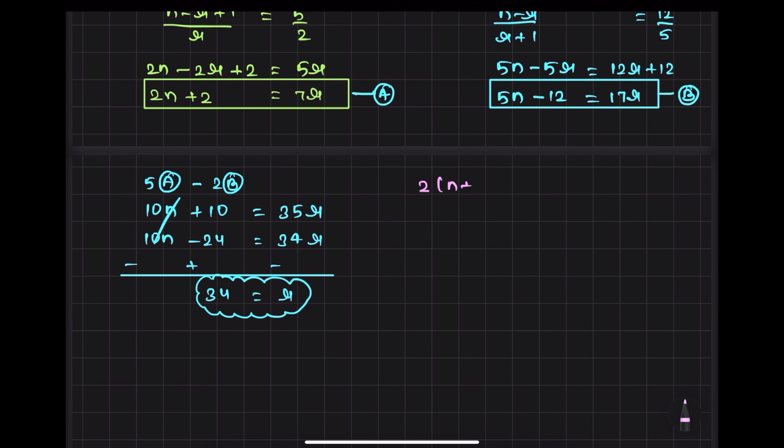So it will become n plus 1 is equal to 7 times r. r is what? 34. This thing 17. So 17 times 7 is 119. So n plus 1, so we will get the value of n as 118. Okay, so this way we got the value of n.